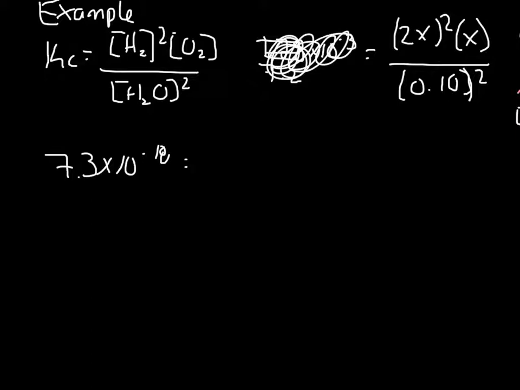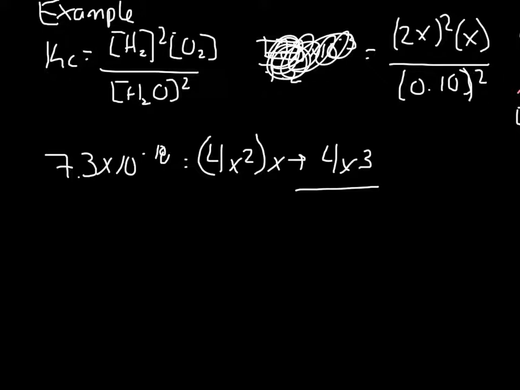And we set that equal to 2x squared times x, so that actually gives us 4x squared times x, which gives us 4x cubed.